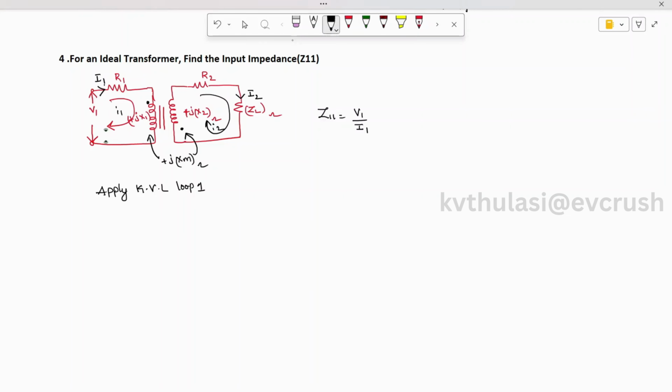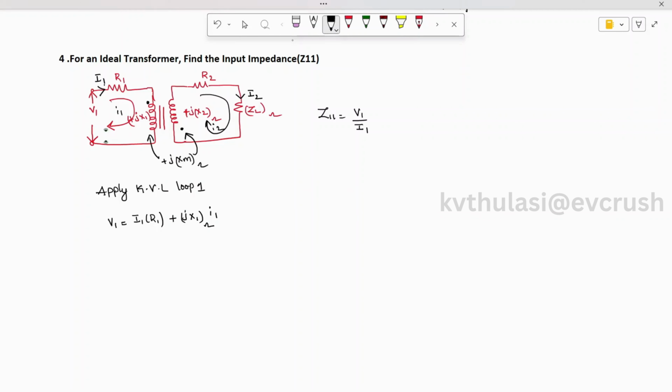At the input side, the applied voltage V1 is equal to the drop I1 into R1, plus jX1, which is R into I, where the current is I1.